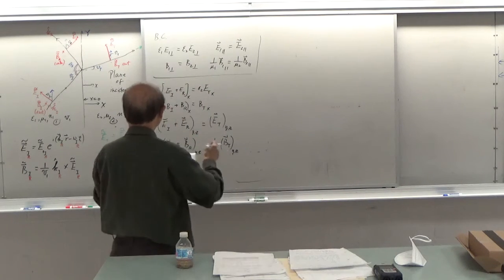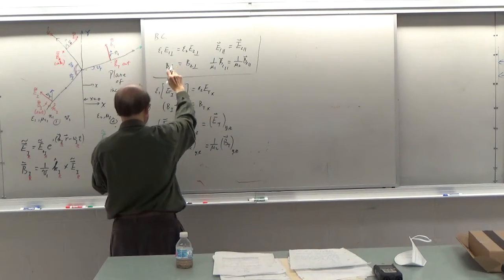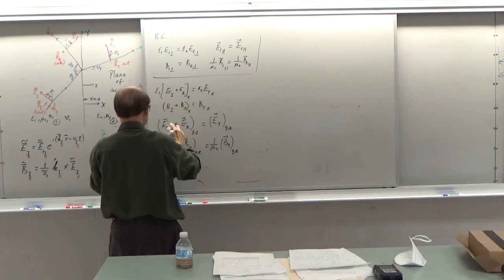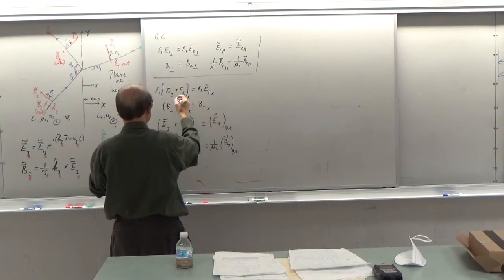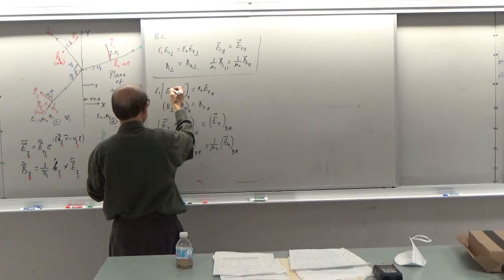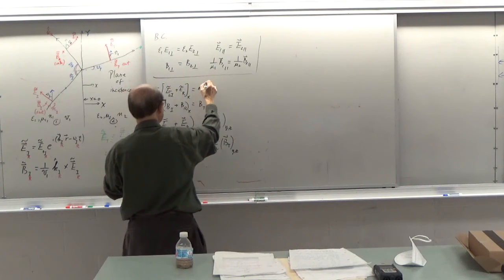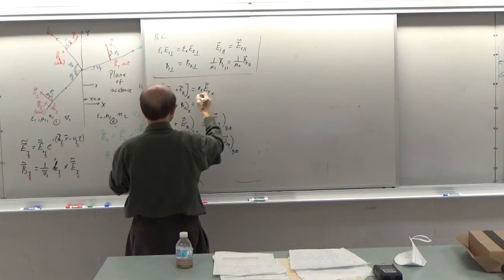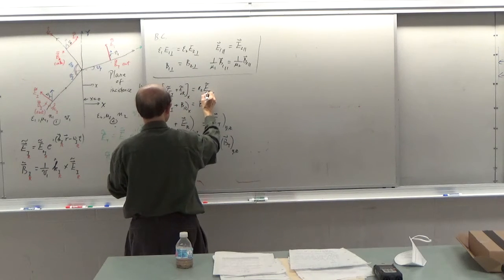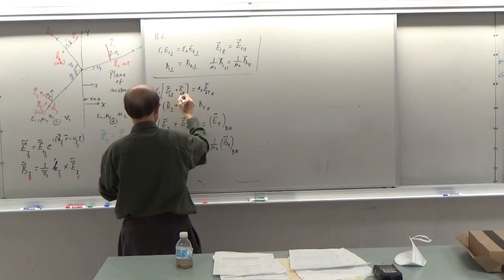The amplitude is given by subscript 0, and we're still talking about the complexified expression.